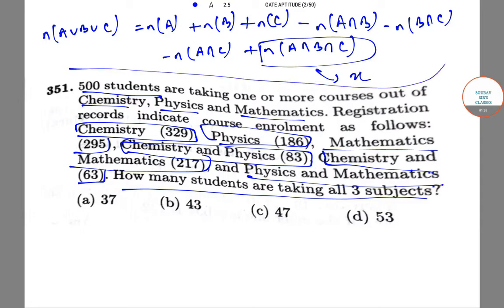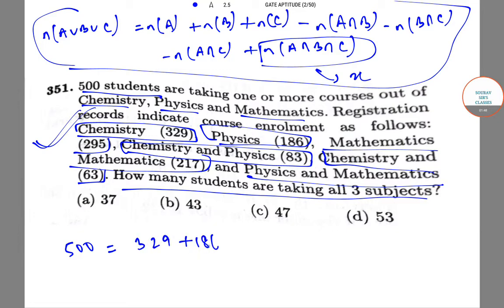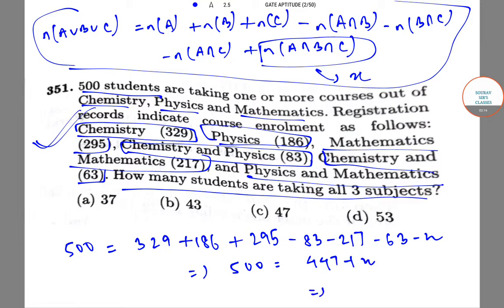Therefore, using this whole equation and the data which is given in the question, we can say 500 is equal to 329 plus 186 plus 295 minus 83 minus 217 minus 63 minus X. So we get 500 is equal to 447 plus X, or X is equal to 53.